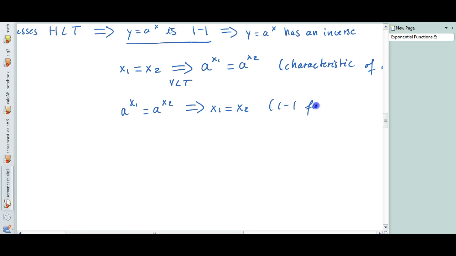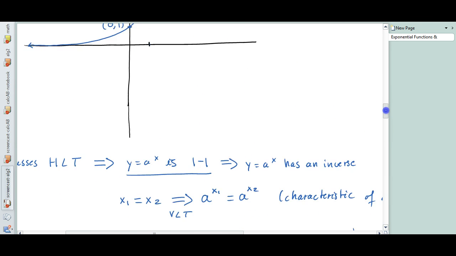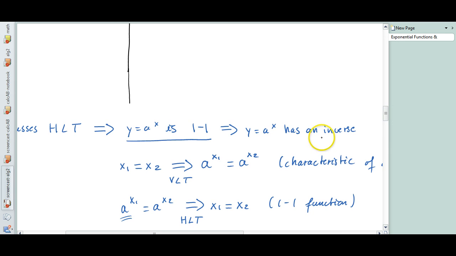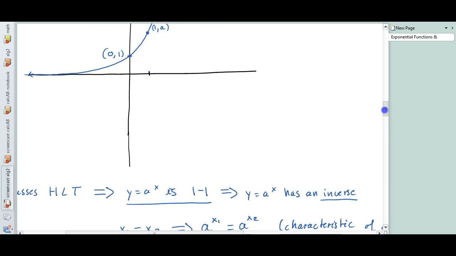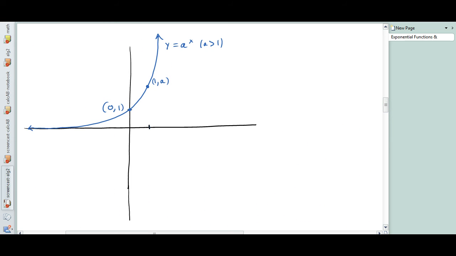I'm assuming I'm dealing with a function, and it's a one-to-one function, which is characterized graphically by the horizontal line test. You know that such functions have inverses. So you remember how to draw the graph of an inverse function, right?